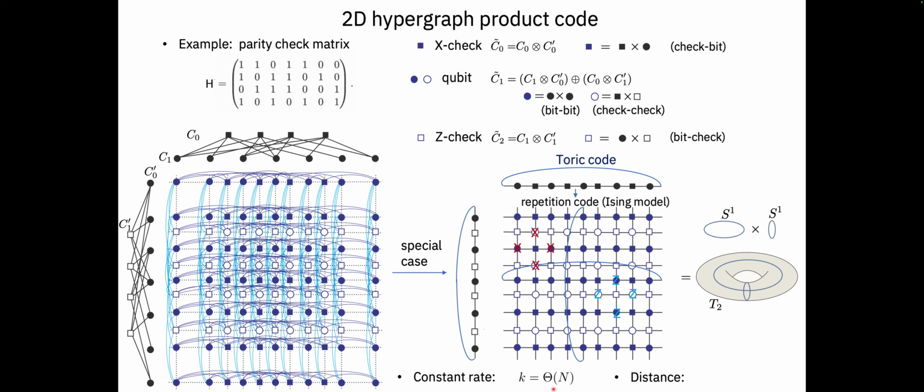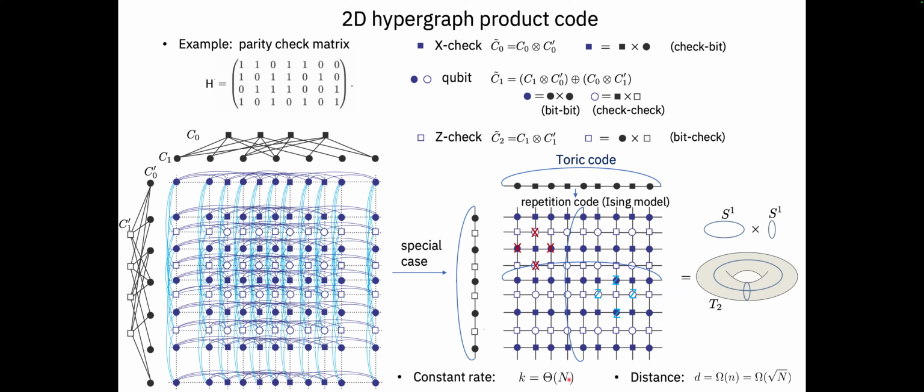It's just the Künneth formula. And then the distance, you can lower bound it, because to have a logical operator in this product code, its shadow is just a codeword on the classical code. So it has to travel at least the length of the classical code to form a closed cycle. So that means it has a lower bound of the size of the original classical code, order little n.